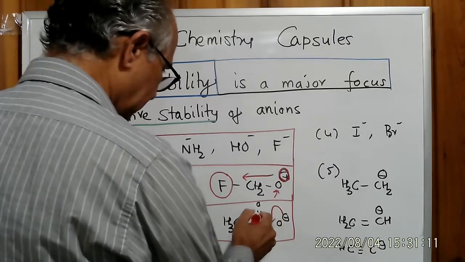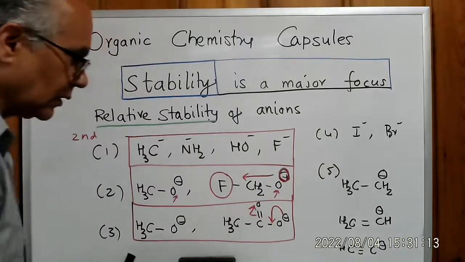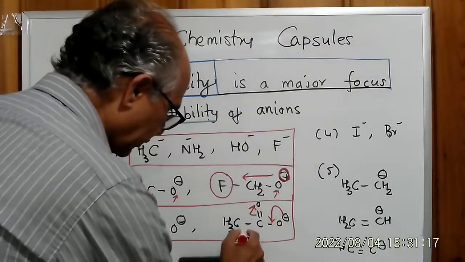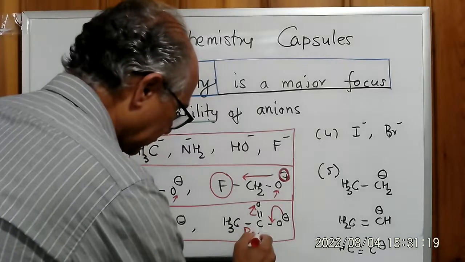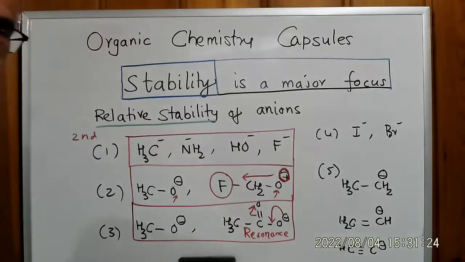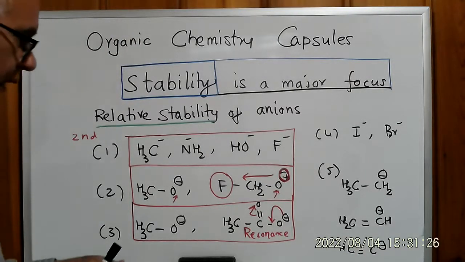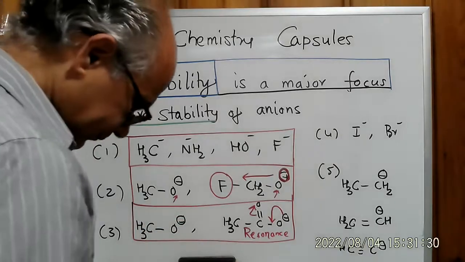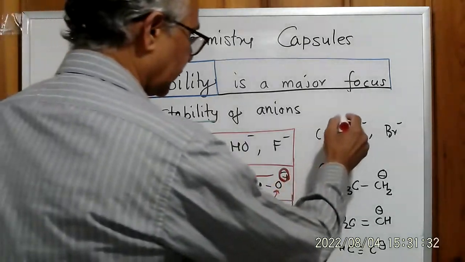We talked about resonance in one of the previous videos. So the negative charge is stabilized by resonance here. Different situations, different explanations. Okay. So we need to learn all these things to move ahead in the course.